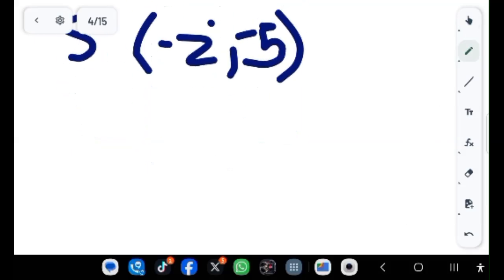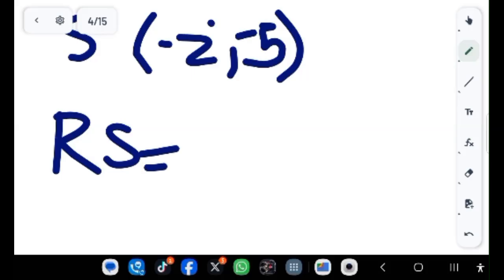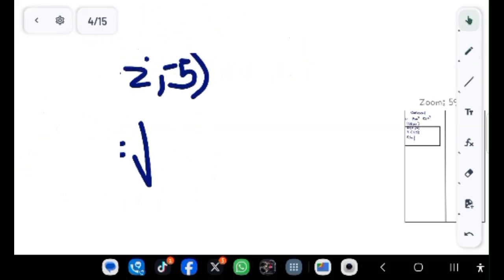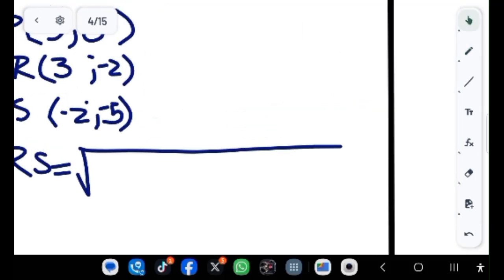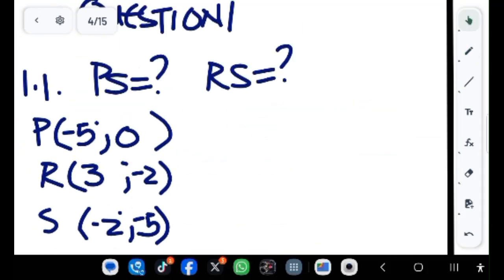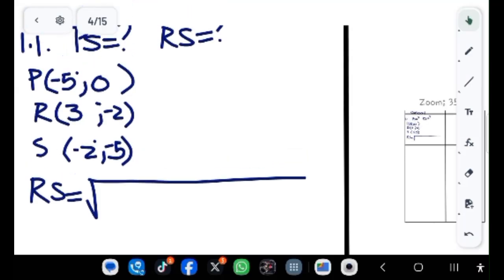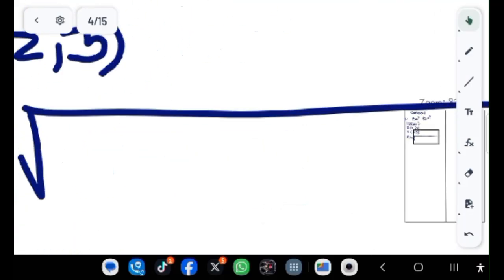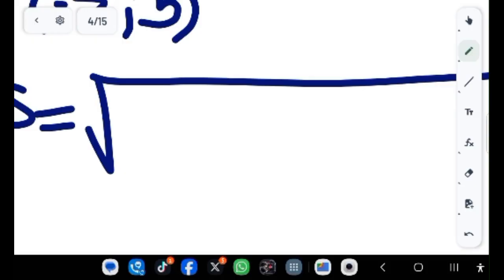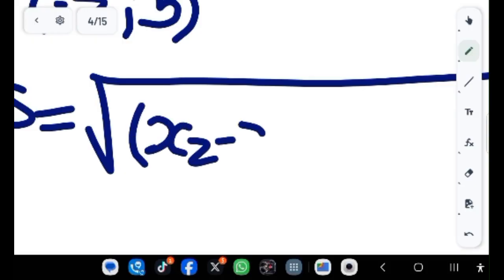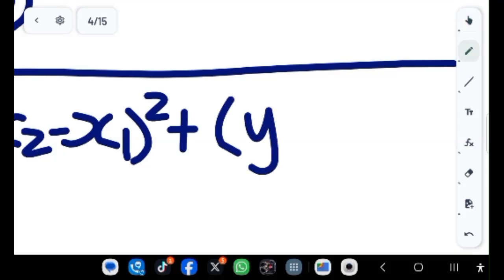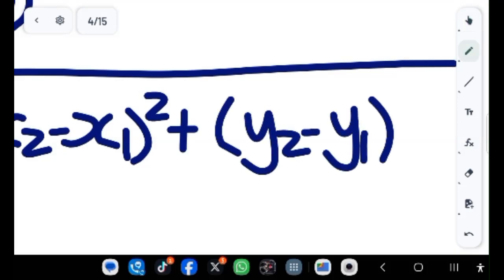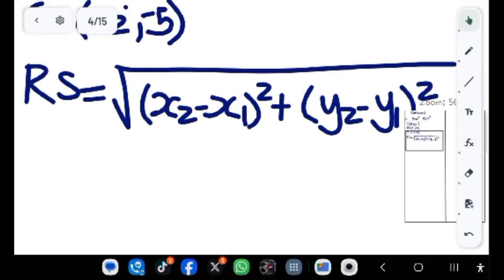All right, the length of RS. Always write the equation because you get marks for that. And always substitute before you work out the answer because you get marks for that as well. So that will be x2 minus x1 all squared plus y2 minus y1 all squared. Now we substitute.